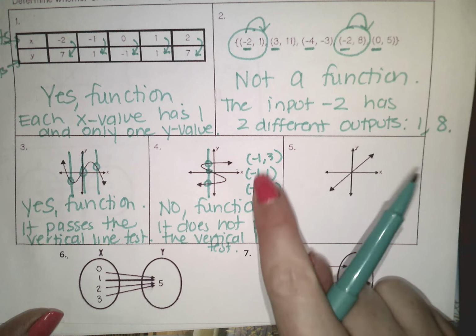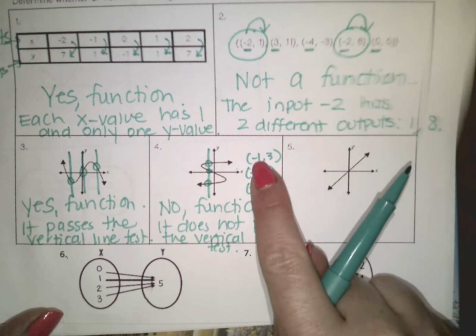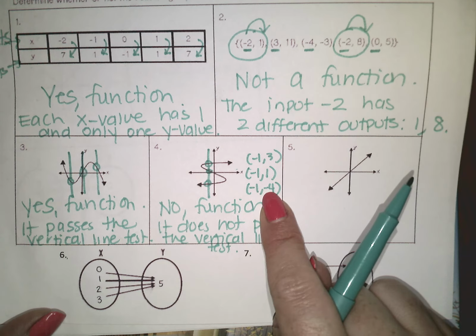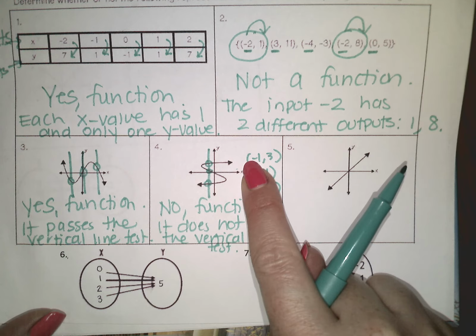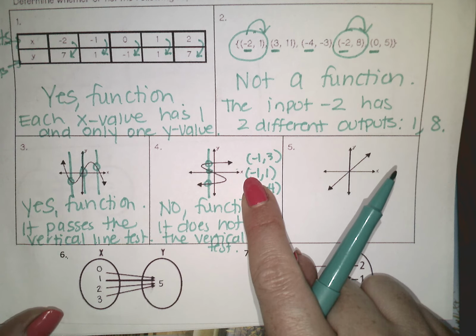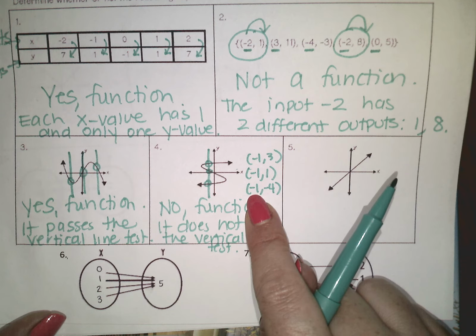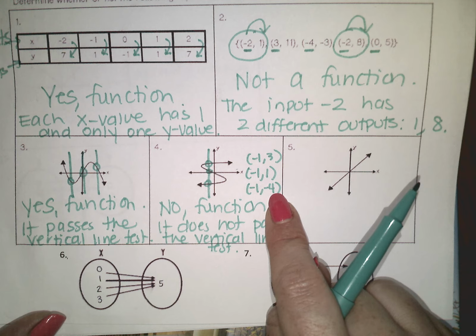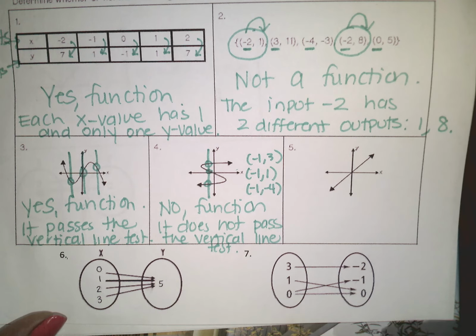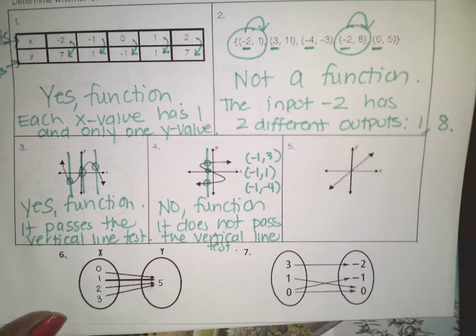If you take a look, each of these inputs has a different output. If you push Sprite here and it produces Pepsi, you push Sprite on this button and it produces Sprite, and you push Sprite on this button and it produces grape soda, there is something severely wrong with that vending machine. That is not functioning properly.